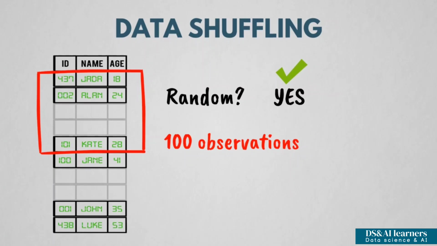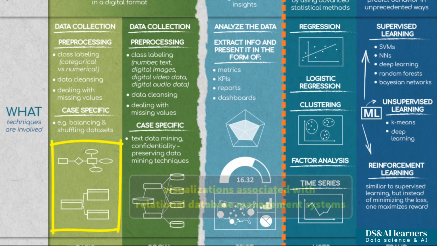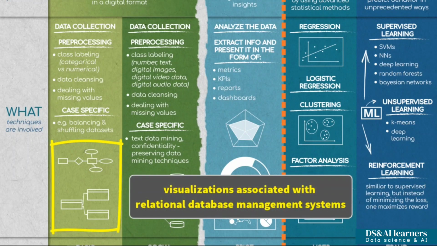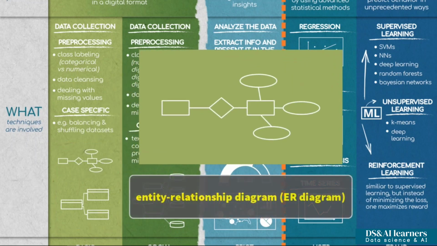All right. Finally, we would like to show you two visualizations frequently associated with databases containing traditional data, or in a more technical language, relational database management systems. The first one represents an entity relationship diagram, or an ER diagram. It is a complex, theoretical way of illustrating a database architecture.